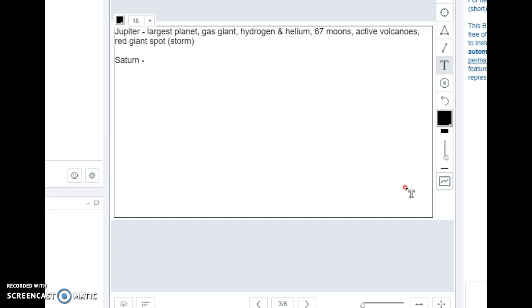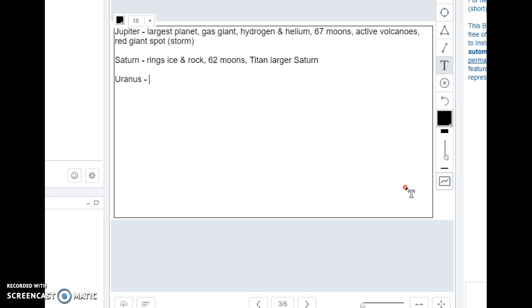And Saturn, as we know, has rings which consist of ice and rock. It has 62 moons. The largest moon, which is called Titan, is larger than Saturn itself. You guys are probably familiar with Saturn in terms of those characteristic rings.